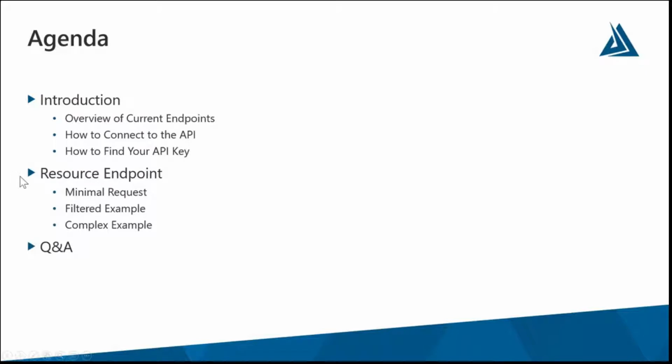And then after we touch on some of those introductory topics, we'll be moving into our focus today, which is the resource endpoint. And we're going to start with a minimal request, which in other words is what are the required parameters needed to send a valid request to the performance endpoint, right? And then we'll expand on that into an example that does some filtering of the data.